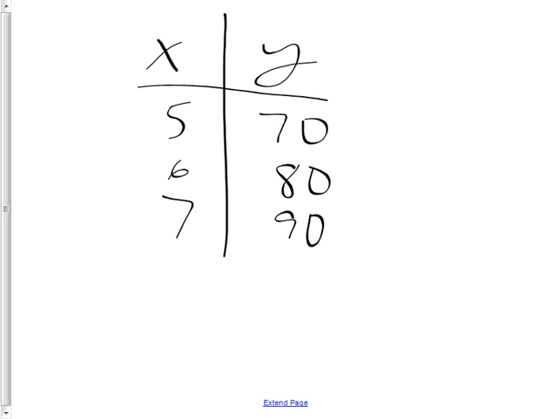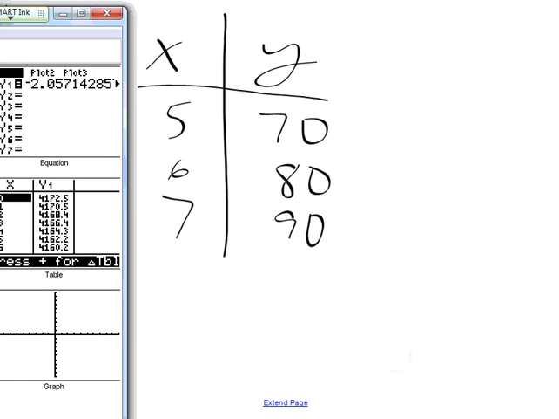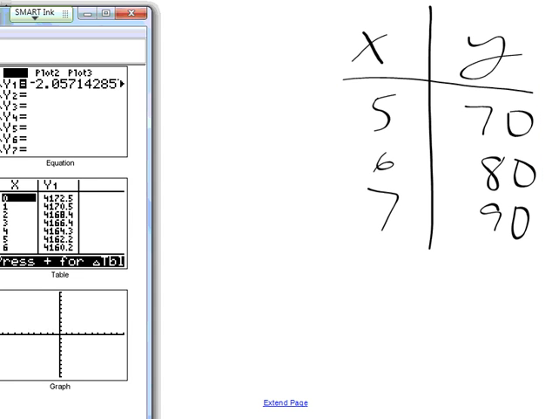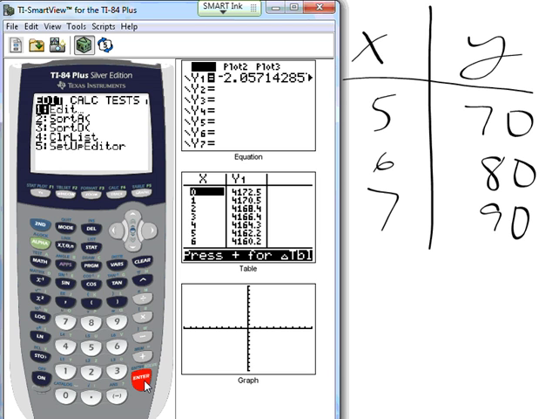Okay, let's go. Need the calculator. Type those numbers in. It's under Stat, Edit. Stat, Edit, and then I'm gonna clear my list.